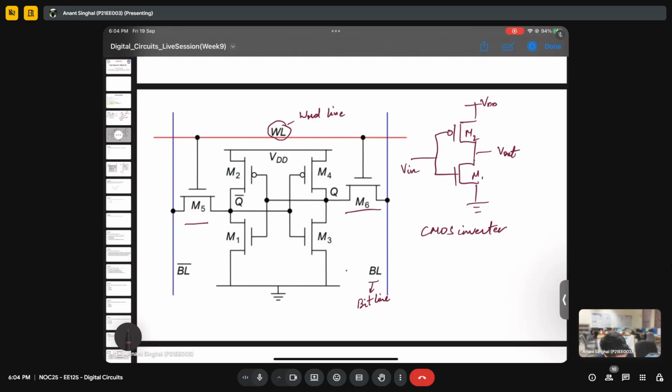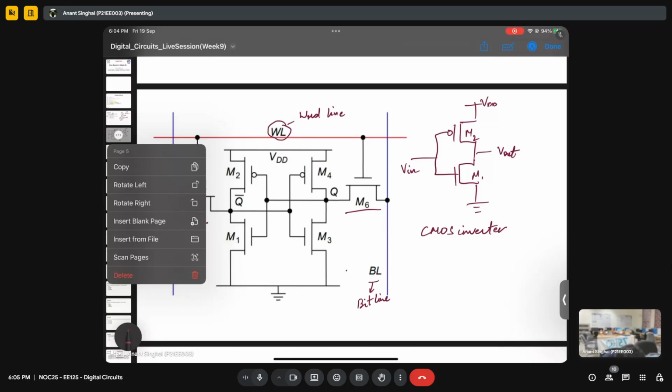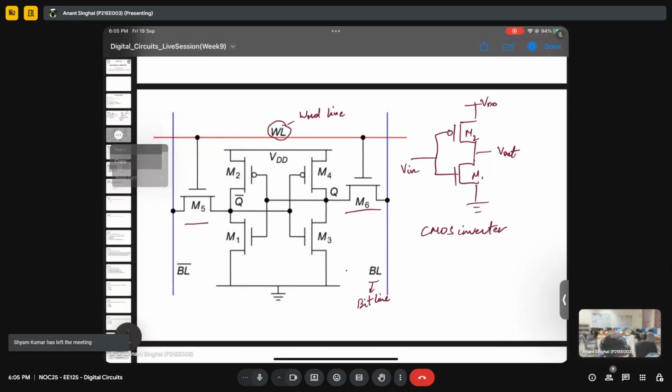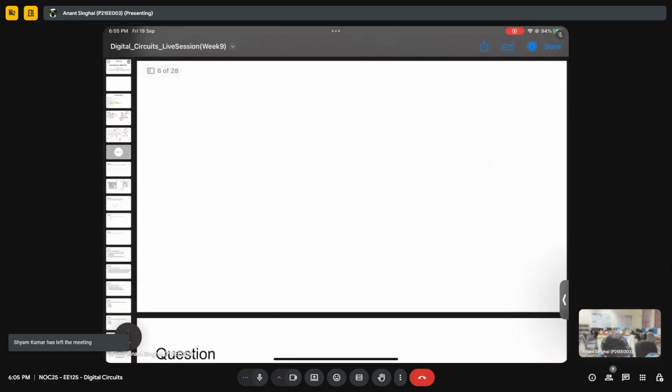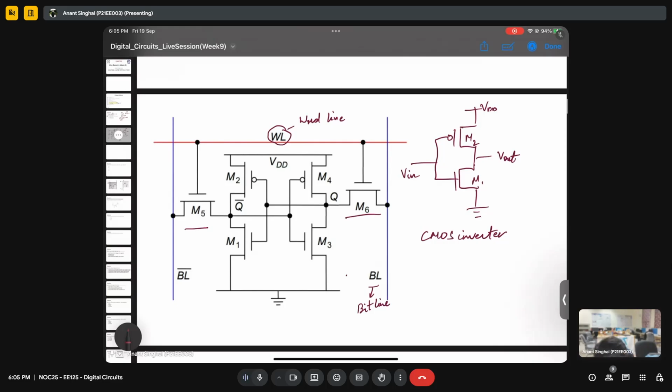In very simple terms, M1, M2 and M3, M4 are the CMOS inverters, and M5, M6 in this particular circuit are called access transistors. These basically help you in accessing the read or write operation of an SRAM. So this is a 6T SRAM.